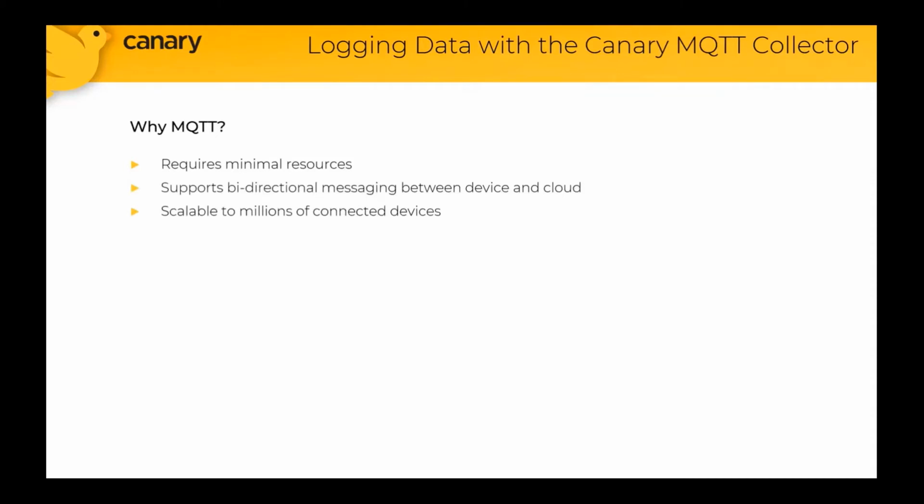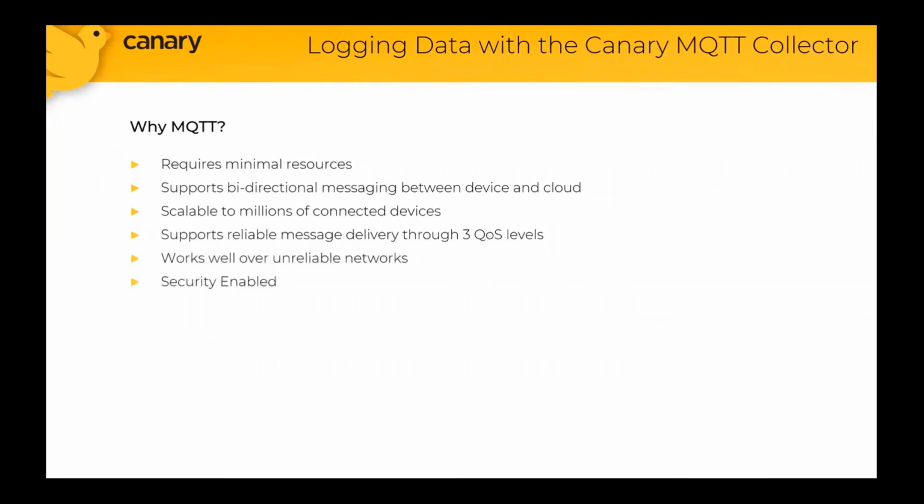You can really scale to millions of connected devices using the protocol. And it also supports reliable message delivery through 3 quality of service levels. And it works well over unreliable networks. And finally, it has security enabled, so it works with TLS and other common authentication protocols.